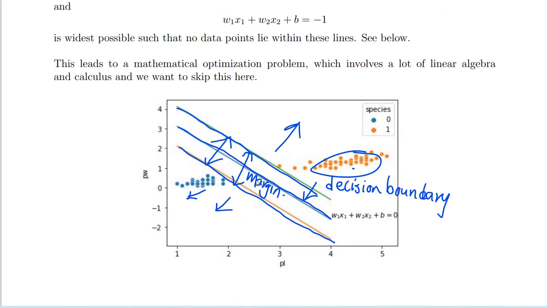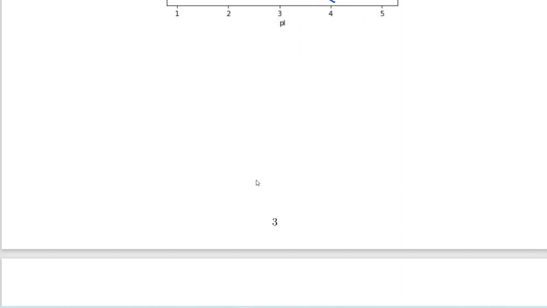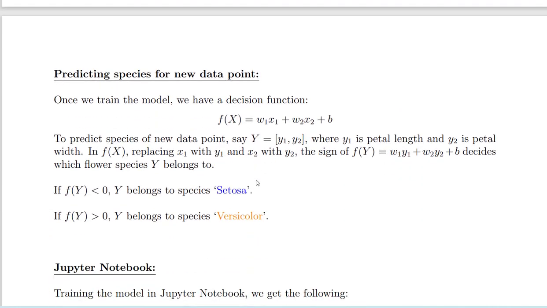We fit the data so that this margin is as wide as possible, so that none of these data points are between these two lines. Once we fit the data to the model, that means we have the values of w1, w2 and b. Then we have this decision function.